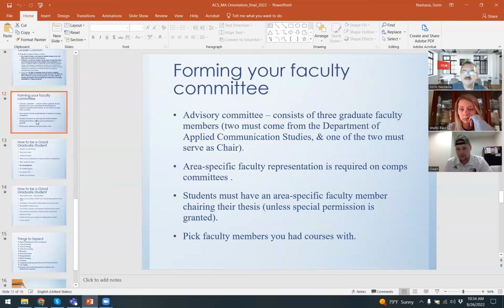Forming your faculty committee: the advisory committee consists of 3 graduate faculty members. 2 must come from the Department of Applied Communication Studies and 1 of the 2 must serve as chair. Area-specific faculty representation is required on committees. Students must have an area-specific faculty member chairing their thesis unless special permission is granted. Pick faculty members you had courses with.